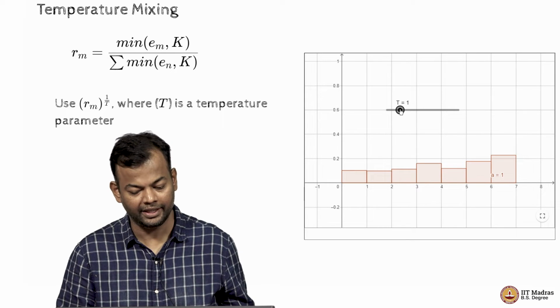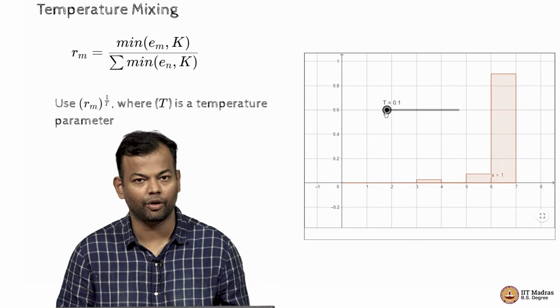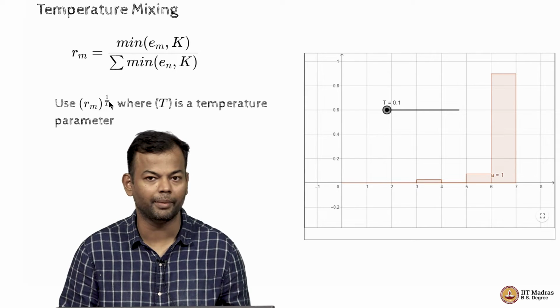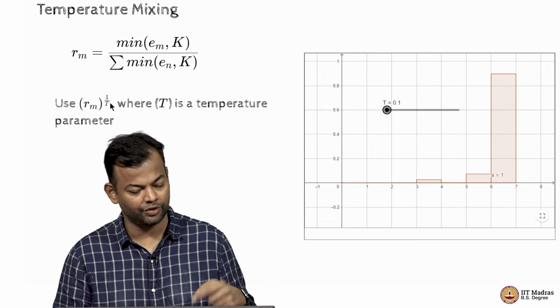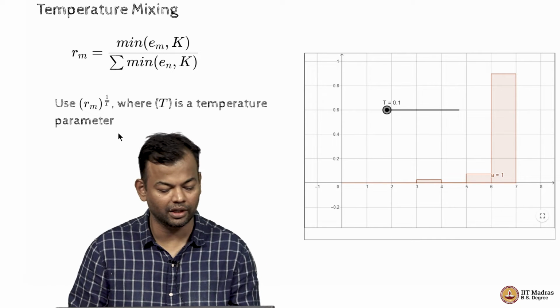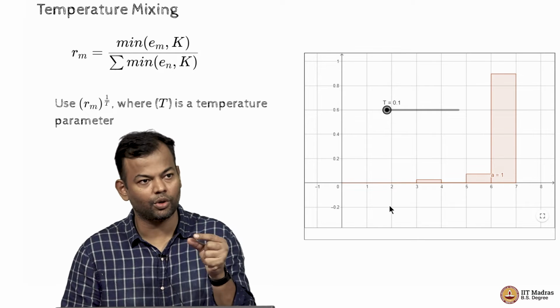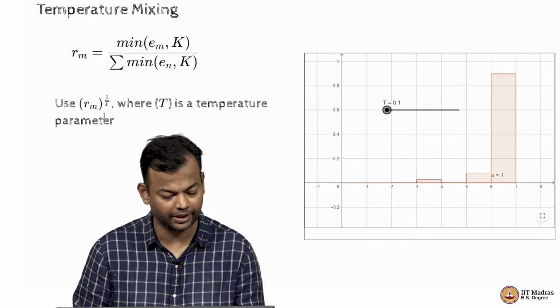Now if you decrease the temperature, then that peaks up, and that's obvious from this formula, because it would become Rm raised to 1 by a small quantity, which would be Rm raised to a large quantity, and hence Rm, which was already large, would become even larger, and then the other things would actually shrink, right? The smaller quantities would shrink further, right?